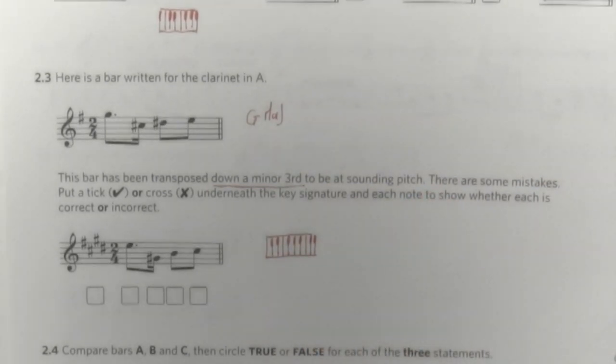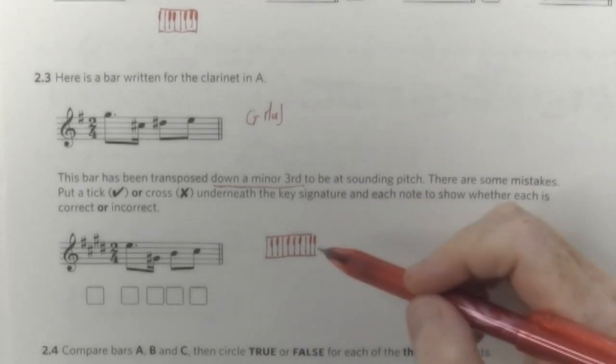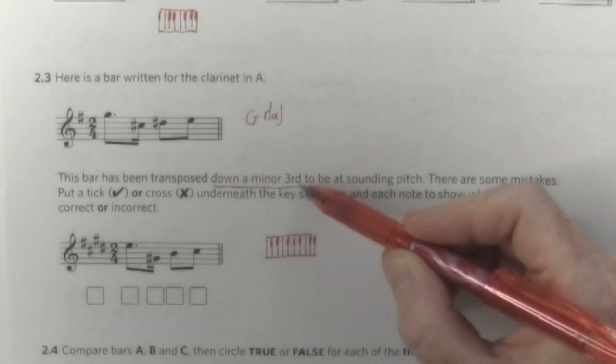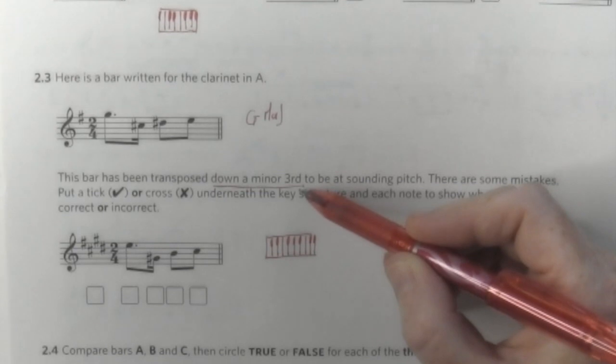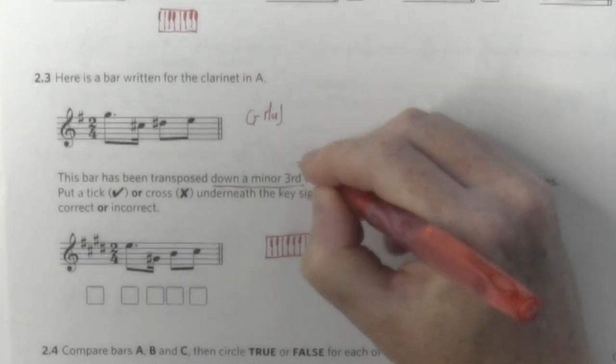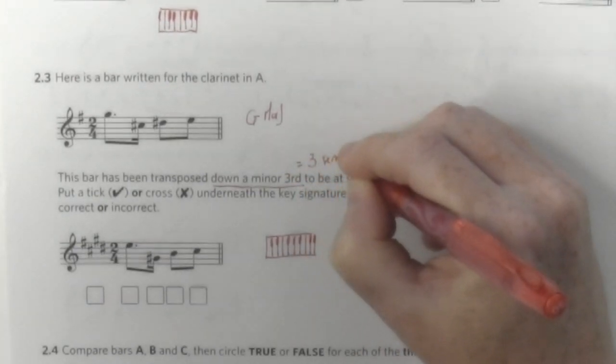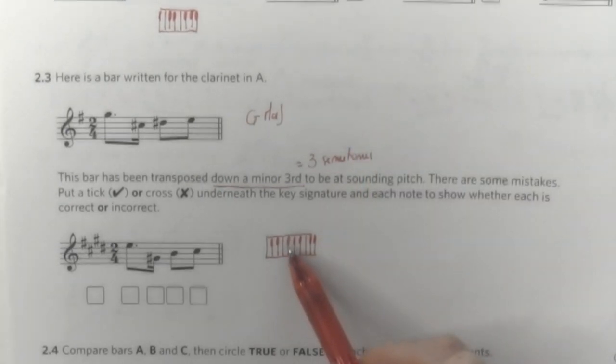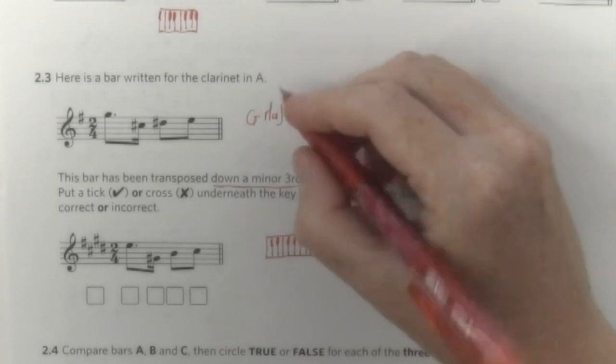G major, G minus a minor third is 3 semitones below. So 1, 2, and 3. So from here, 1, 2, and 3, E major.